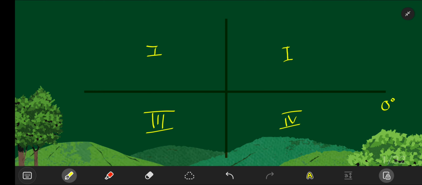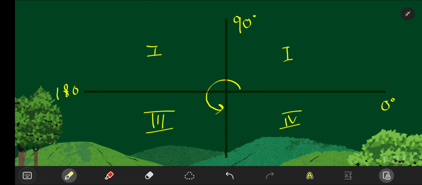Add 90 degrees, so it becomes 90 degrees here. Again add 90 degrees, it becomes 180 degrees.